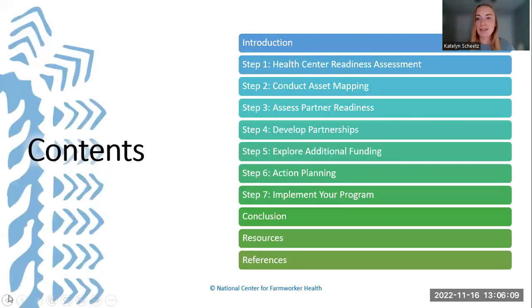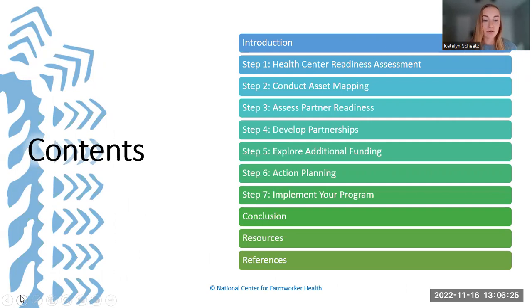Okay, great. Thanks. So I wanted to cover what all does the guide cover. Inside, you'll find an introduction linking food security and chronic disease with notes on special considerations for farm worker populations.